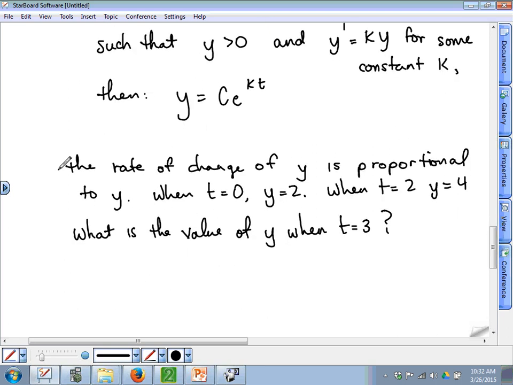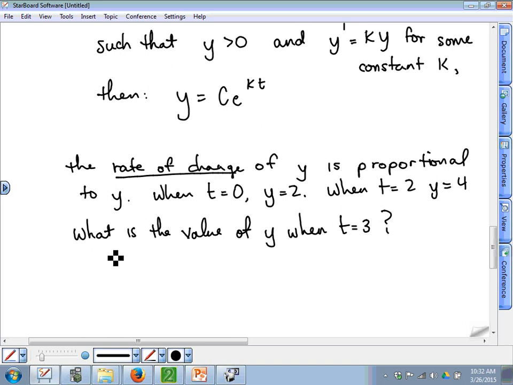Now, this first phrase, if it just says proportional, it's implied that it's directly proportional. They're not going to use the phrase directly. If they're going to use the other one, it would be expressly stated as inversely proportional. So the rate of change of y is proportional to what? You've got to translate that English phrase into a mathematical phrase.